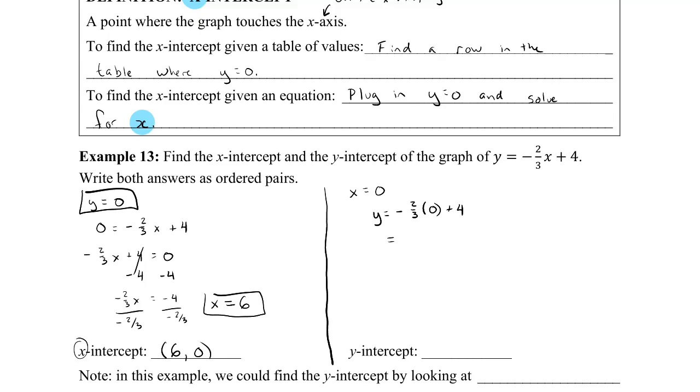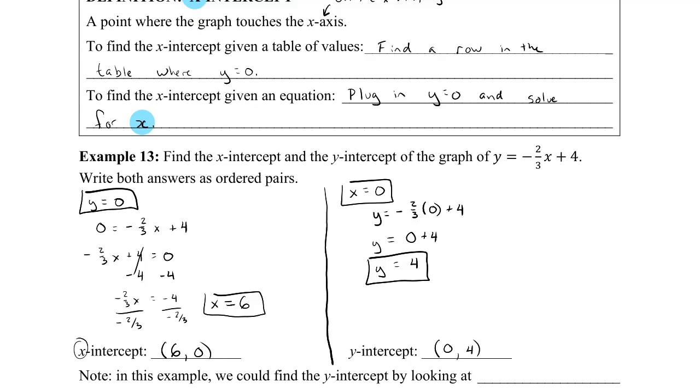And that arithmetic is easy because we have something times 0 is 0, plus 4. So y is just 4. At our y-intercept then, we have x is 0, y is 4. And so our y-intercept is the point 0, 4.